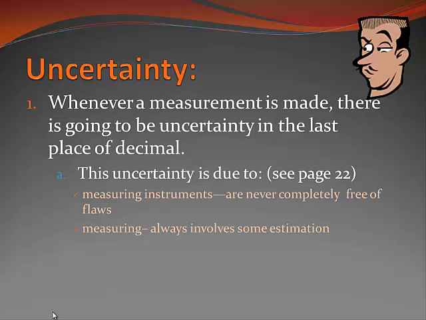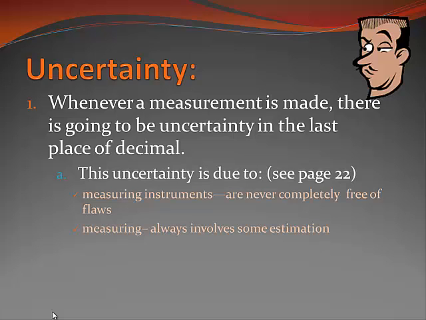Even though you look at the digital display on the electronic balance and it says that your beaker is 40.012 grams, that last decimal place is really just an estimate, because someone might be leaning on the desk, maybe it wasn't tared properly, and there are some inherent flaws to the machine itself.